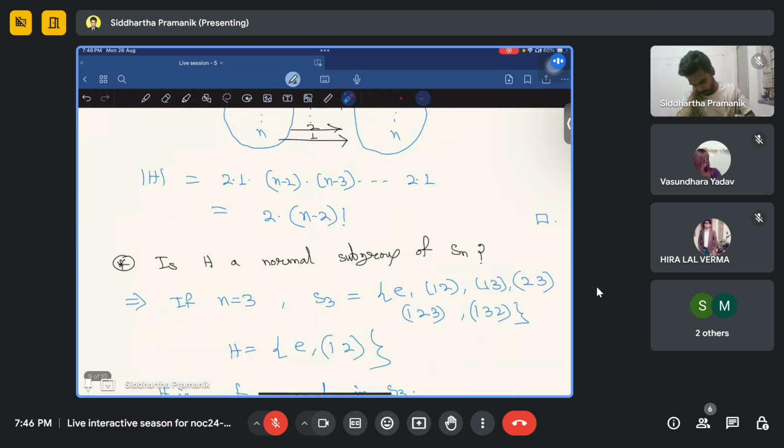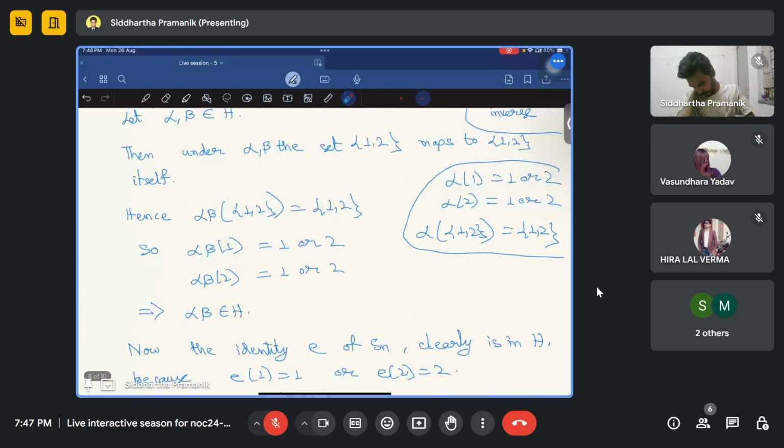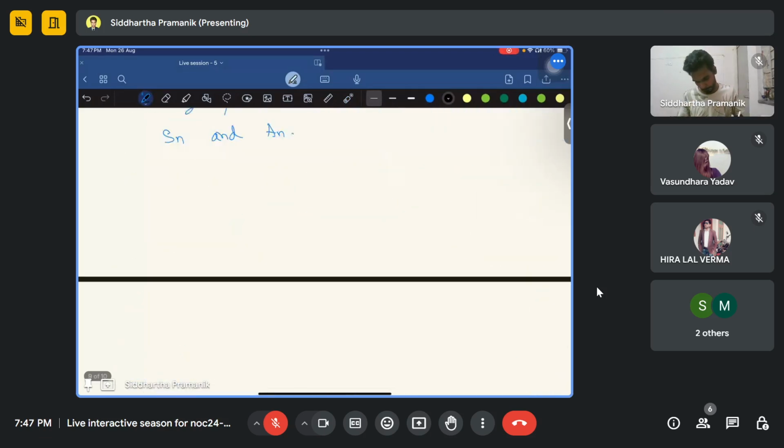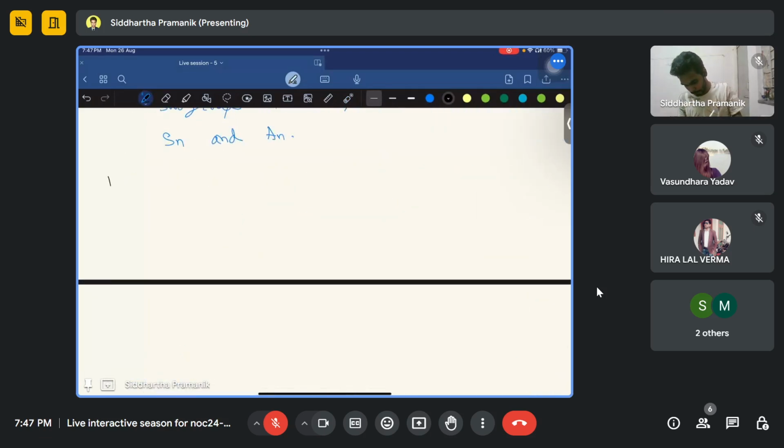So we have done 11 problems. Let's do number 12. This is a problem based on what we have done till now. This is just to check whether you can do these calculations on your own or not.